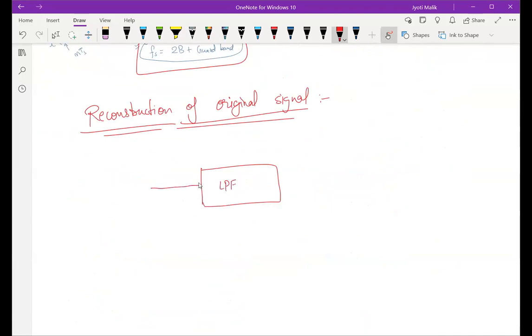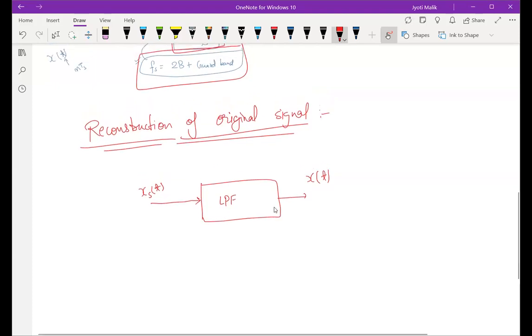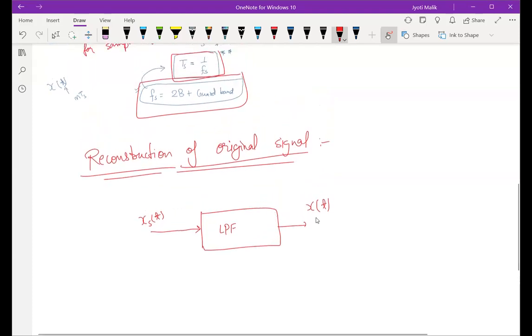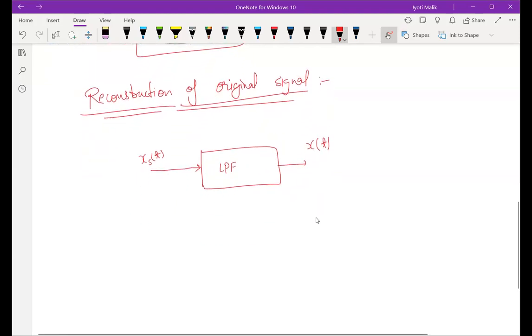We apply the sampled signal Xs of t to the low pass filter, and it should give us X of t. Now, what does the low pass filter do? It does nothing but multiply the given frequency spectrum.